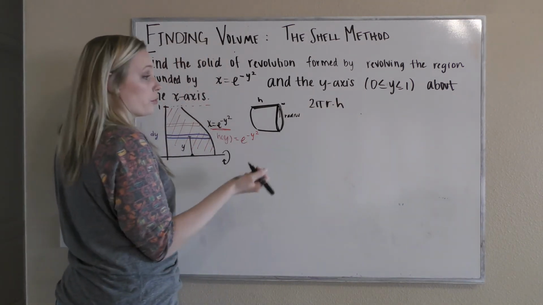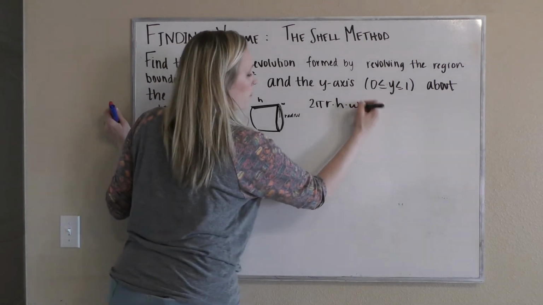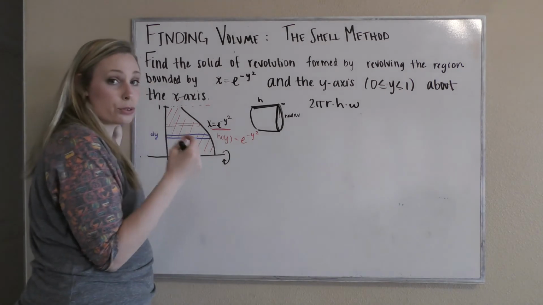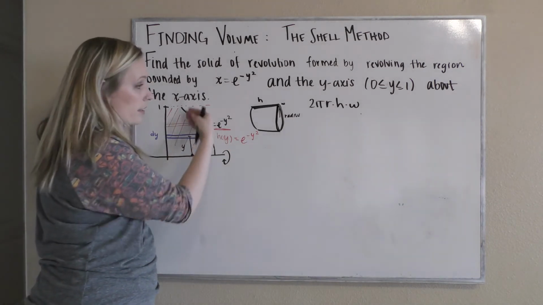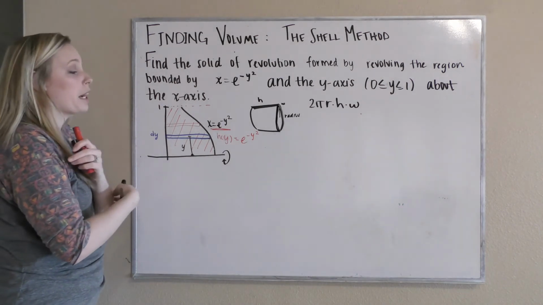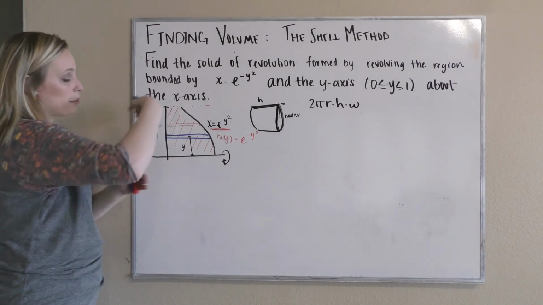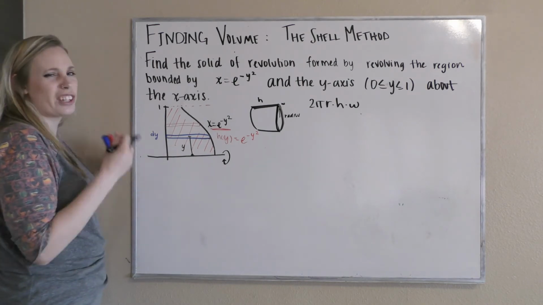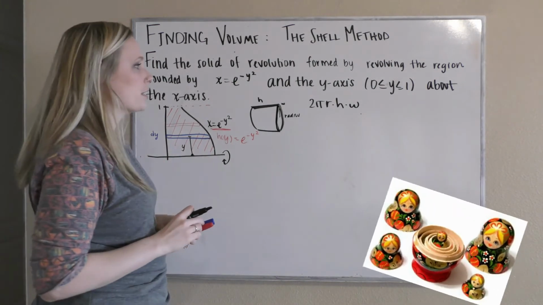And then to get the volume, all we need to do is multiply it by the width. Because we're making an infinite number of these cylindrical shells to create this structure, which I didn't show the 3D image of this being revolved around, but we're taking all these cylindrical shells and putting them inside of each other, kind of nesting them like those Russian nesting dolls.